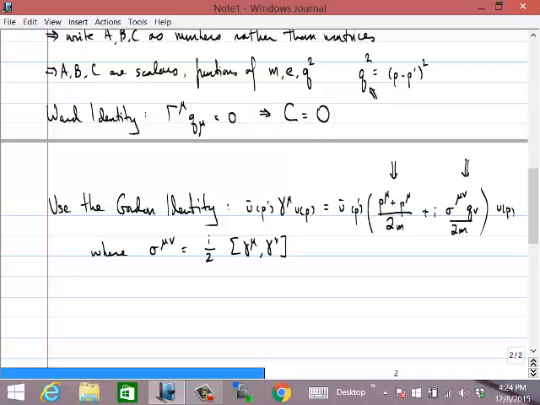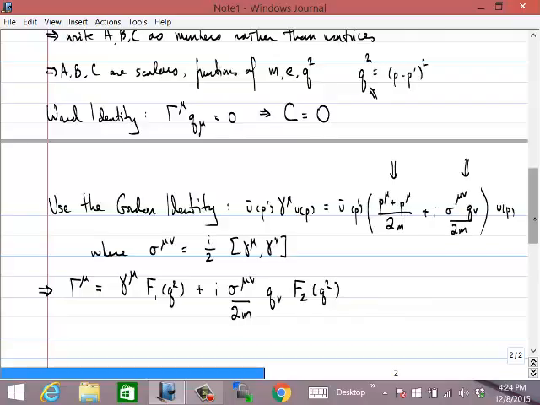So what this means is that the full quantum corrected electron vertex is a sum of two terms, one of which is gamma mu times an arbitrary function of q squared, and the next of which is proportional to sigma mu nu over 2m q nu times another function of q squared.